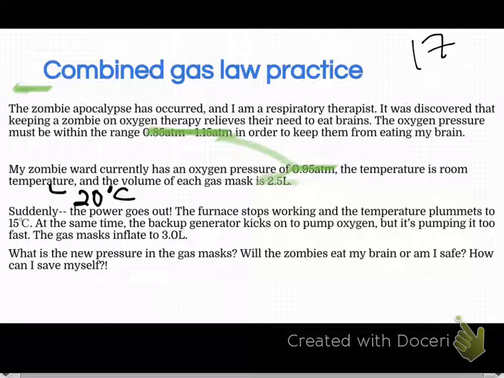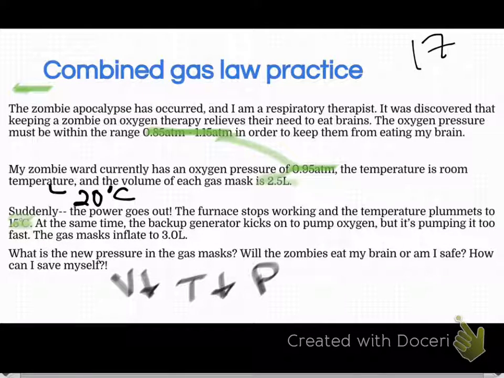Okay. So the power goes out and the furnace stops working. So the temperature goes to 15 degrees. So it went down. So if the temperature goes down, I would expect, let's see, well, we know from Charles' law that if the temperature goes down, then the volume also goes down.